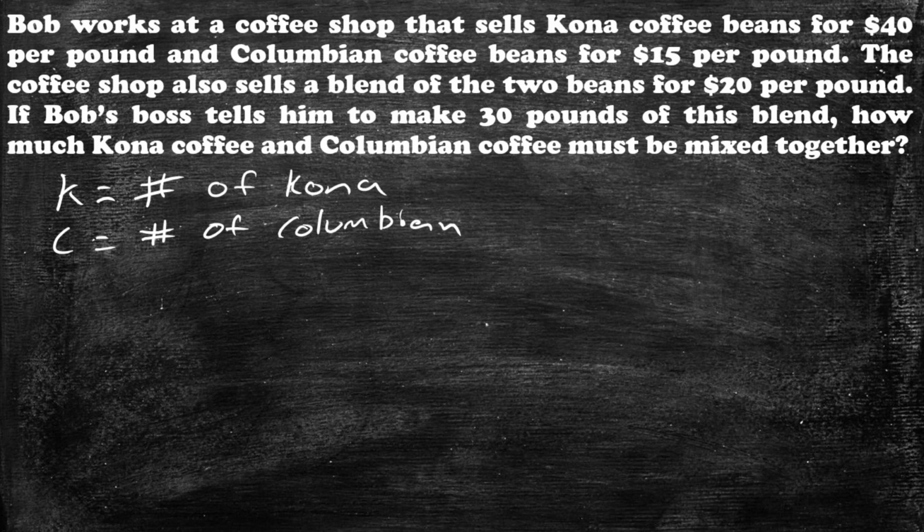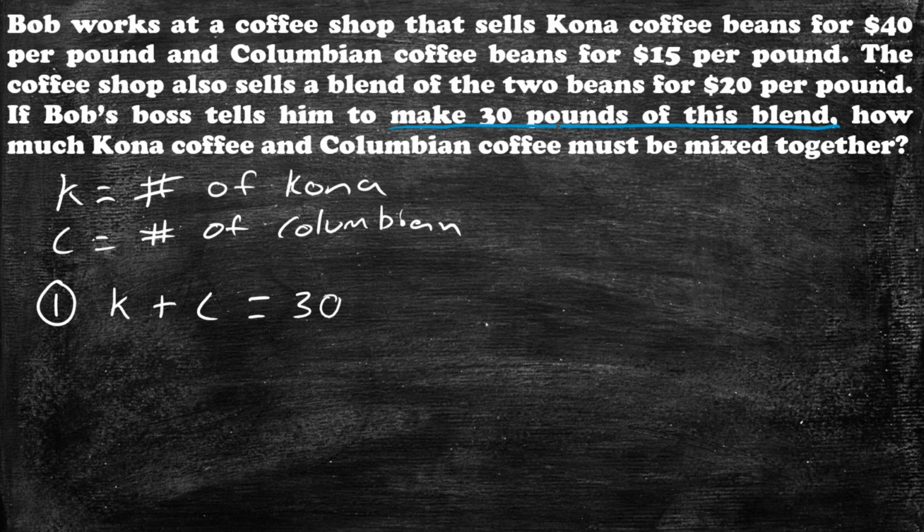So looking at the problem here, one piece of information is that Bob's boss tells him to make 30 pounds of this blend. All right. So what that means is the blend is a mixture of the Kona and the Colombian. So our Kona pounds plus our Colombian pounds has to equal 30 pounds of that to make that blend, right?